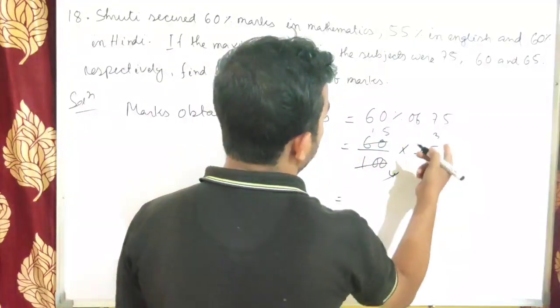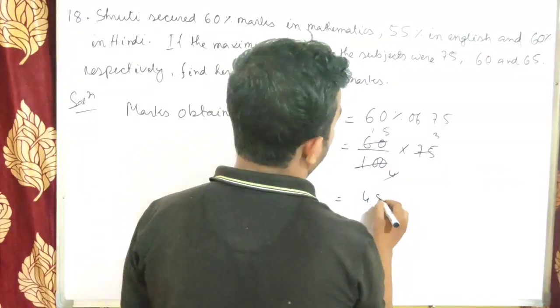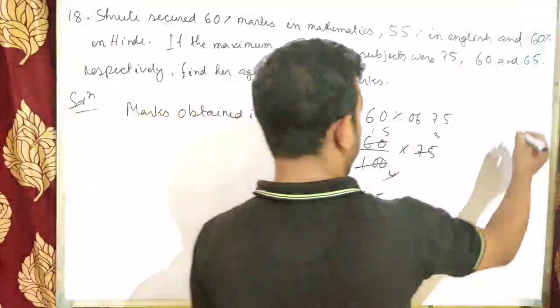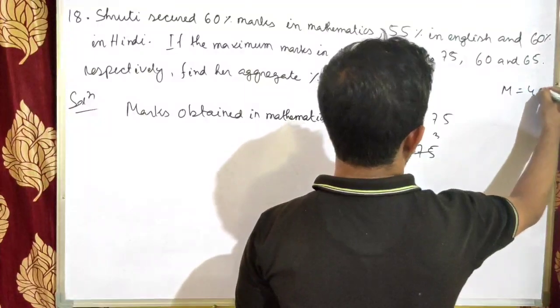Now 15 into 3 is how much? It is 45. So marks obtained in maths equals 45 marks.